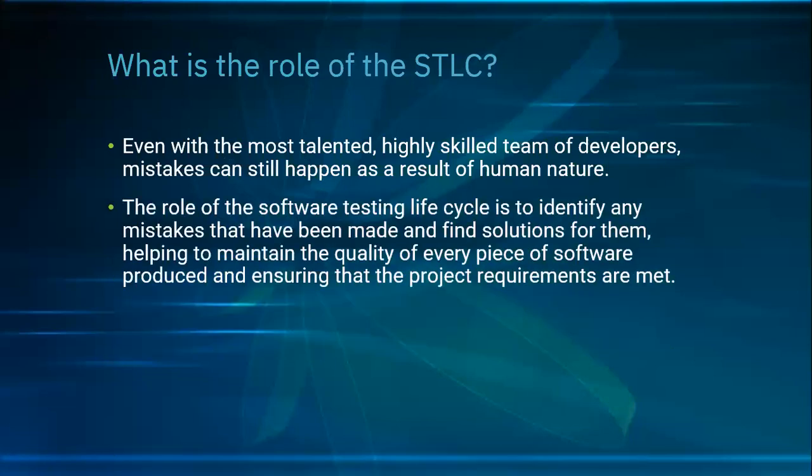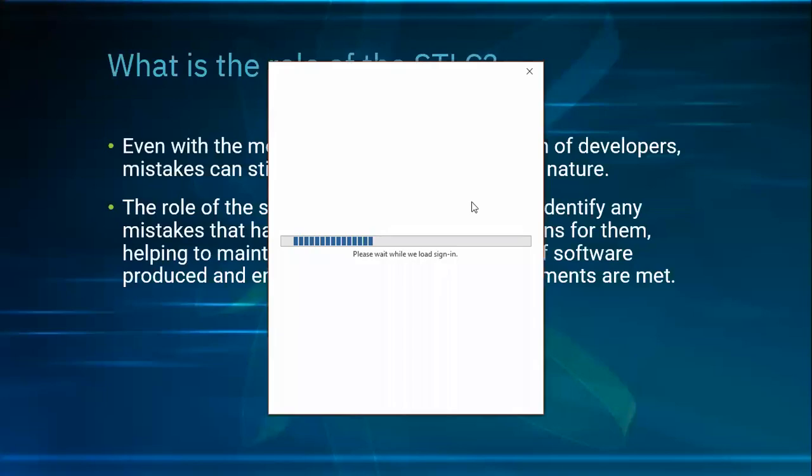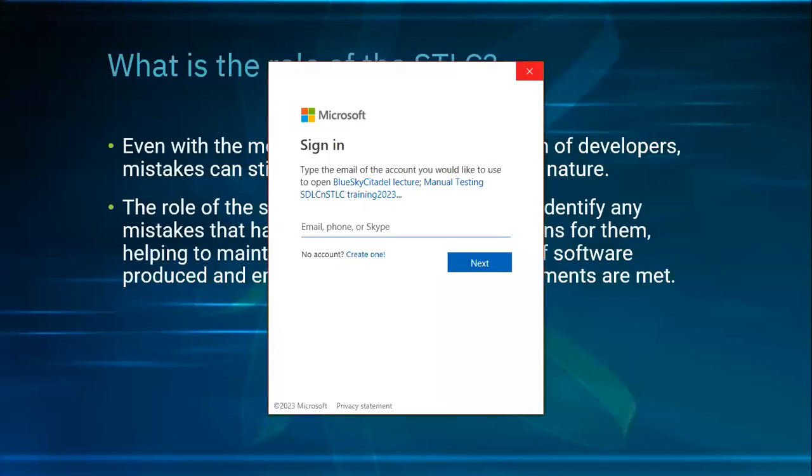The role of a software tester, the role of the software testing lifecycle, is to identify any mistakes that have been made and find solutions for them, helping to maintain the quality of every piece of software produced and ensuring that the project requirements are met. That's the key thing that we have. That's your role. That's what this is all about.